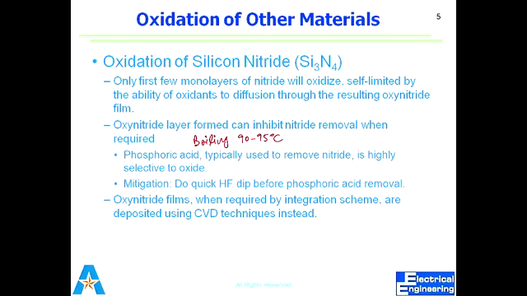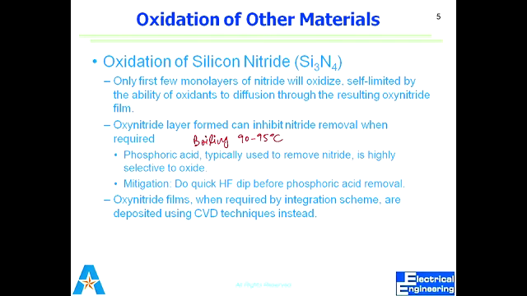Oxidation of silicon nitride. If we have silicon nitride, can we oxidize it just like silicon? Can we thermally grow oxide? Yes, it's not like silicon, but we can grow a very, very thin layer of oxide on this silicon nitride surface.